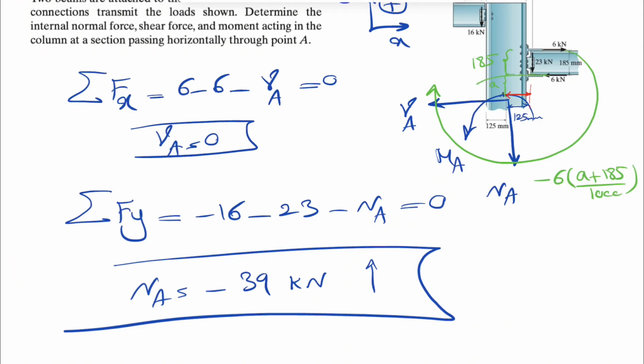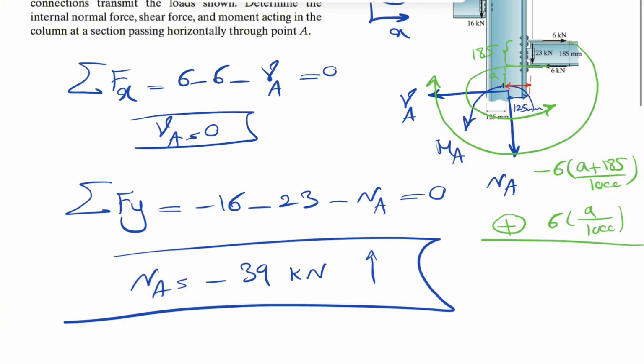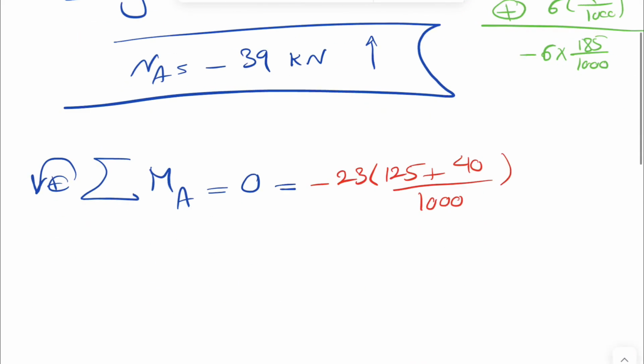The second one, the small one, is in this direction, so it's counterclockwise, and it will be 6 times A divided by 1,000. If we add these two, we end up with minus 6 times 185 divided by 1,000.